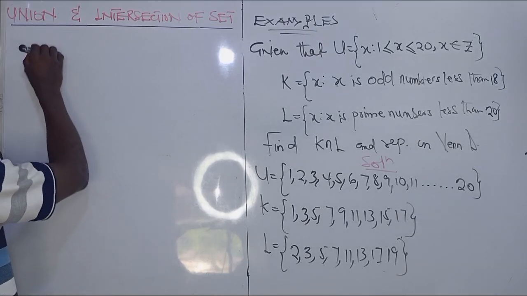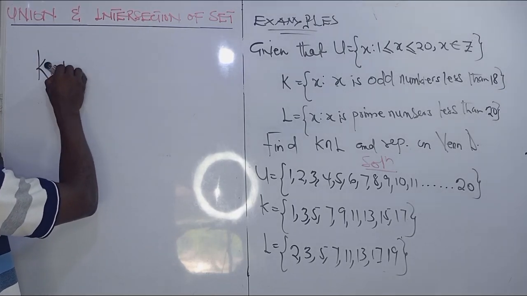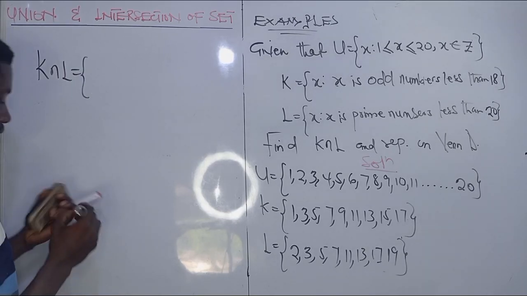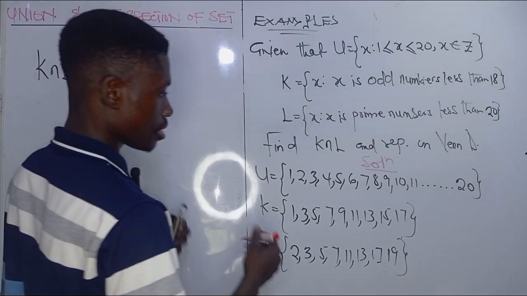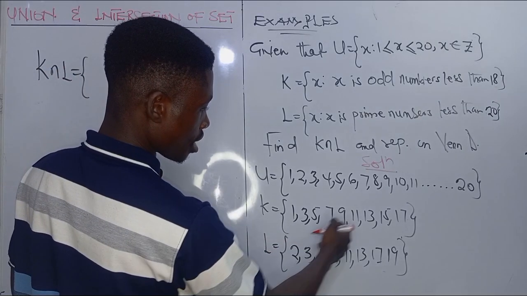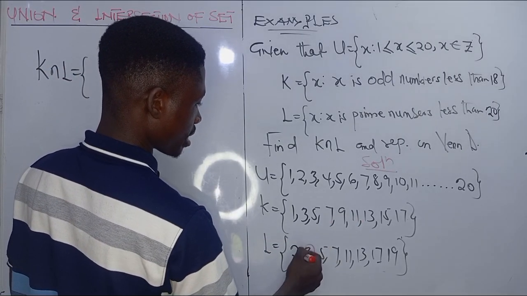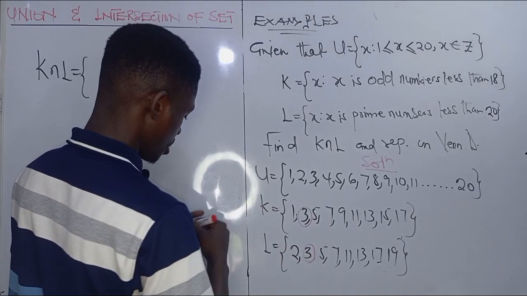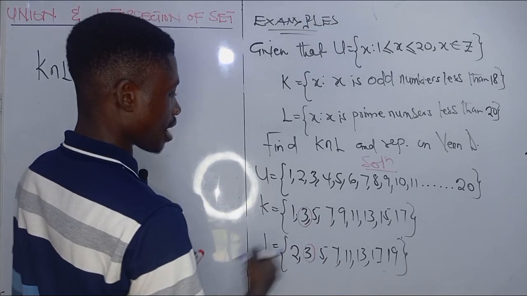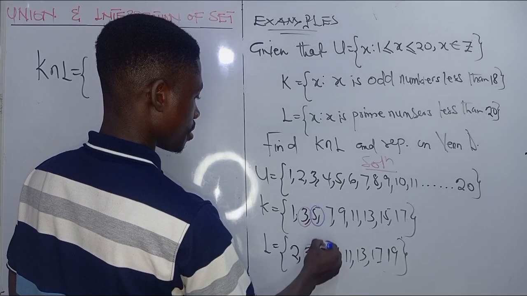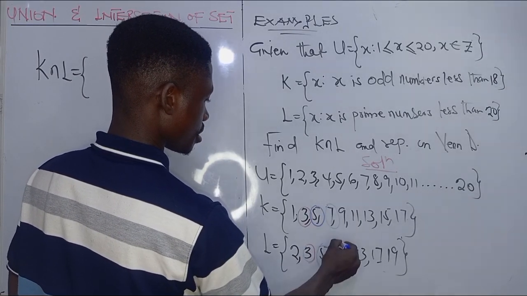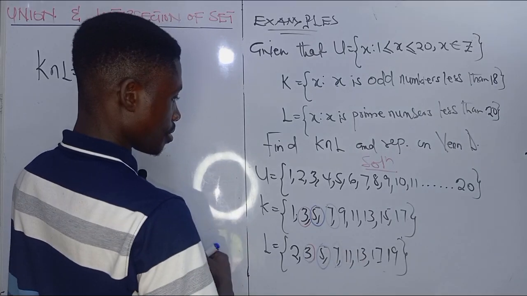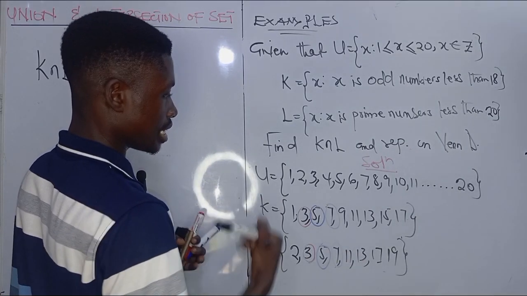So we have K intersection L. Let's look through and see if we have a common member. We don't have 2, but we have 3. We also have 5. We also have 7. We also have 11.